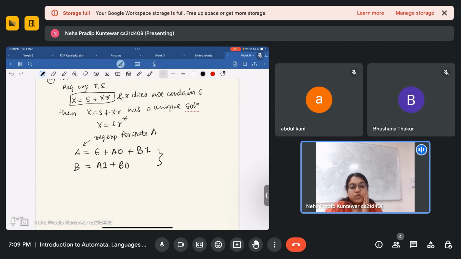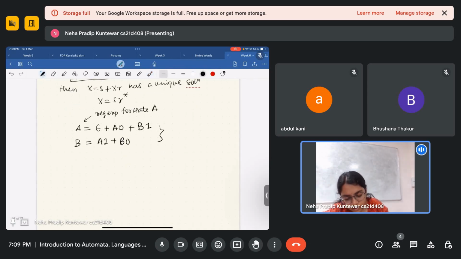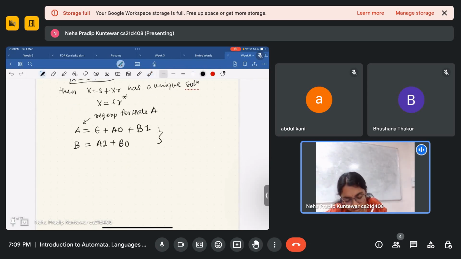Now if you think about this in the form of the equation X = S + XR, then B is X, A1 is S, B is again X, and 0 is R.